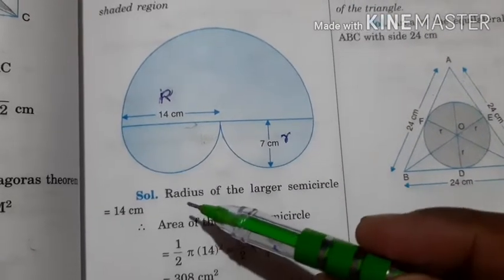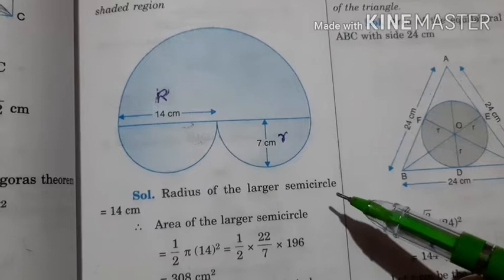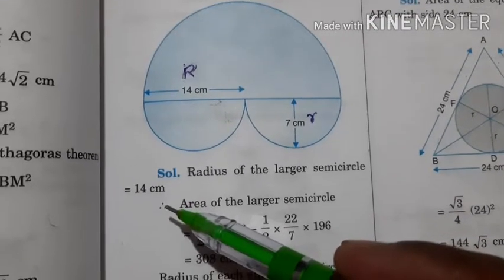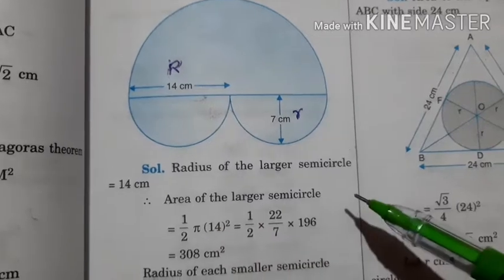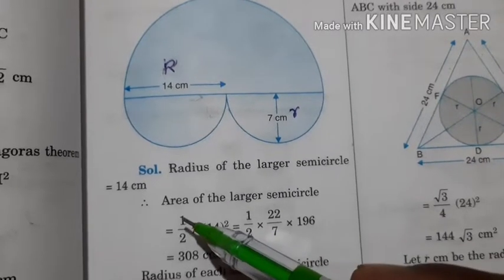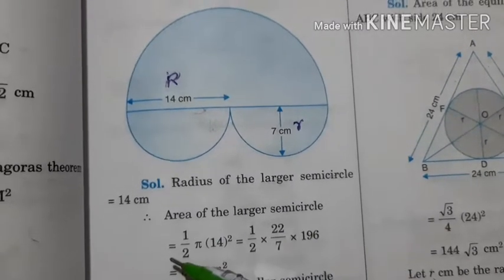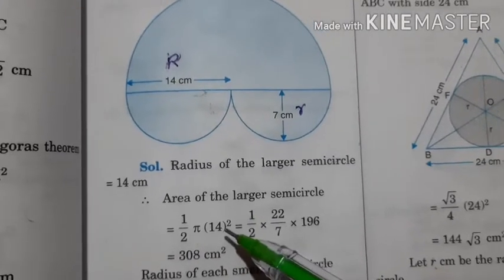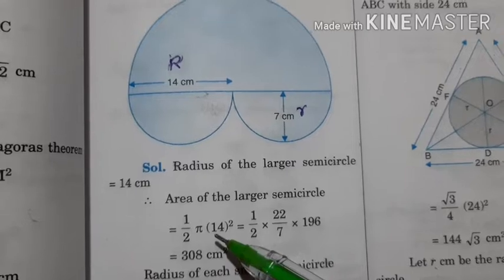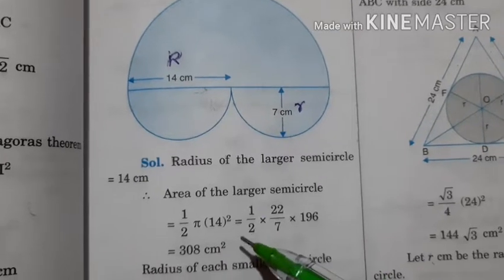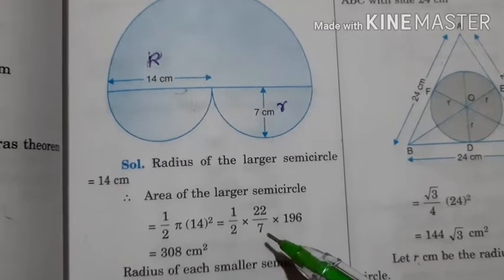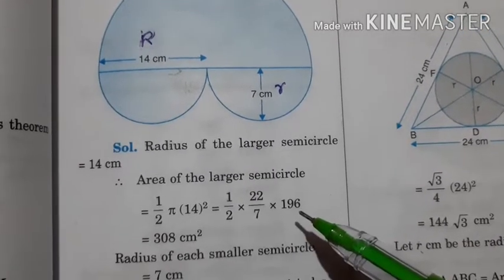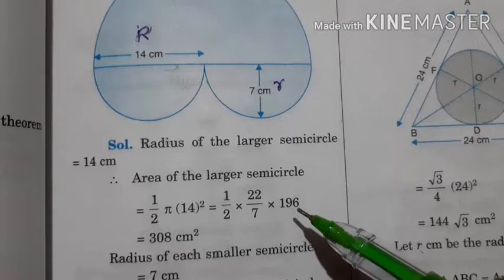Now let us take radius of the larger semicircle is equal to 14 centimeter and first let us calculate the area of the larger circle. Area of the larger semicircle is half of pi capital R square. Here capital R is 14, therefore 1 by 2 into 22 by 7 into 14 square, which is 196.